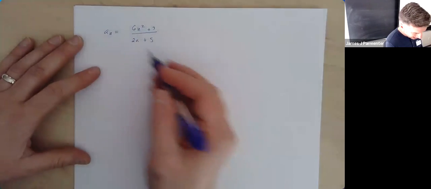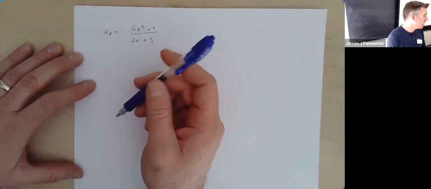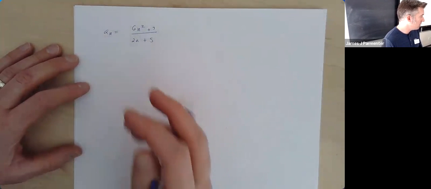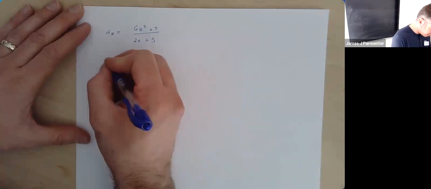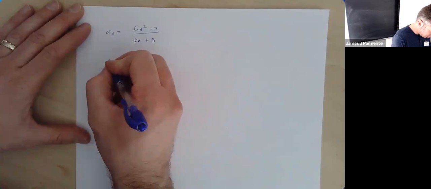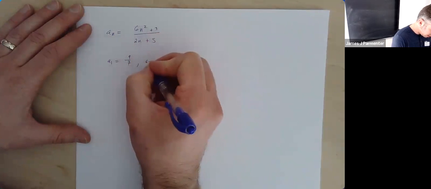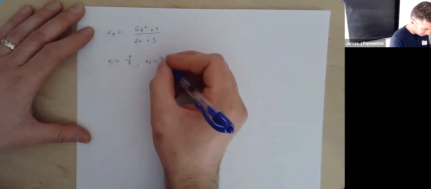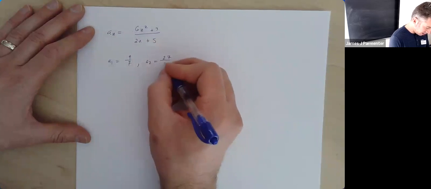So again, I don't find a lot of use in writing out terms. Typically, it's good to write out terms to see how things work. But if we start writing out terms, our a sub 1 is going to be 9 over 7. A sub 2 is going to be 6 times 4, 24 plus 3 is 27 over 4 plus 5, which is 9.